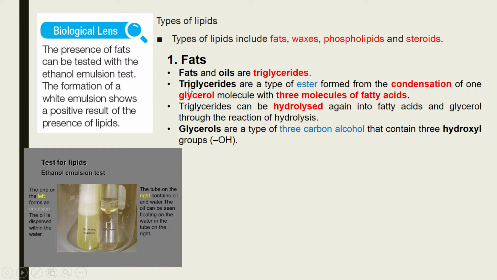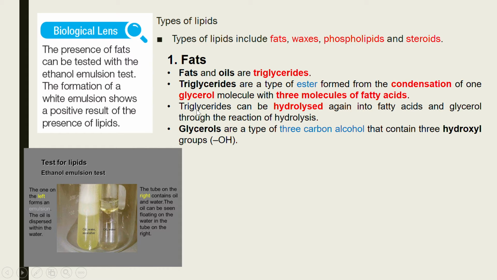So what are triglycerides? A triglyceride is a type of ester formed from the condensation of one glycerol molecule with three molecules of fatty acids.